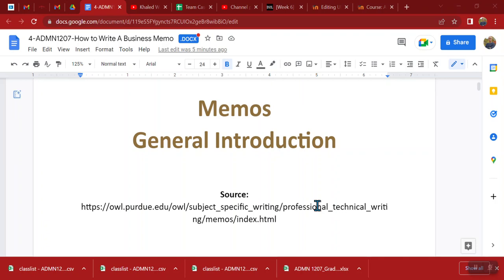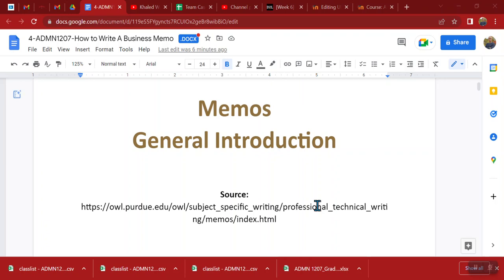So a memo is meant to be more of a communication tool internally, not outside. You can think about email. You can send email to internal people, or email to external people, like your clients, your suppliers, anyone. But a memo is meant only to be an internal document.